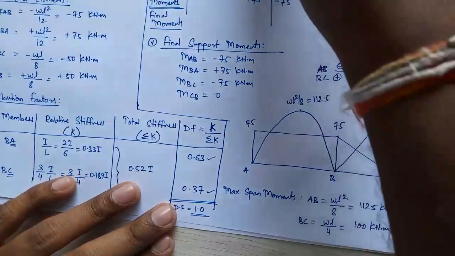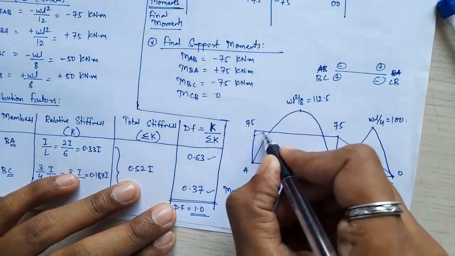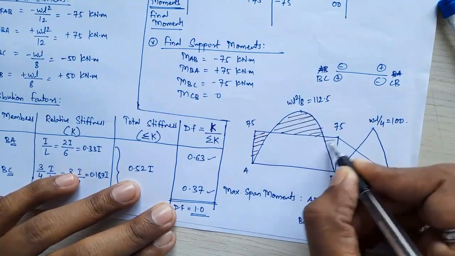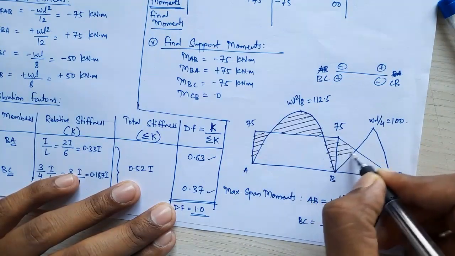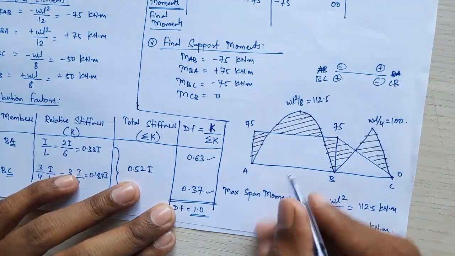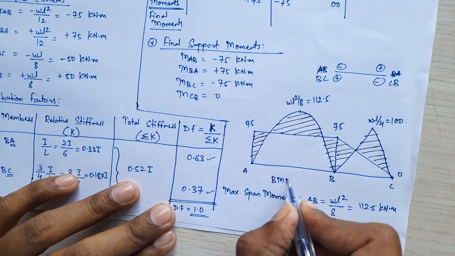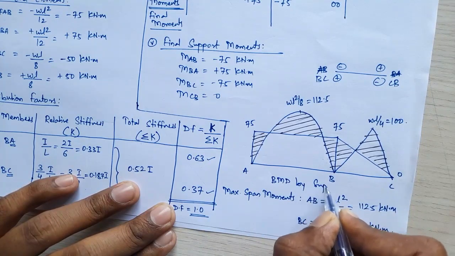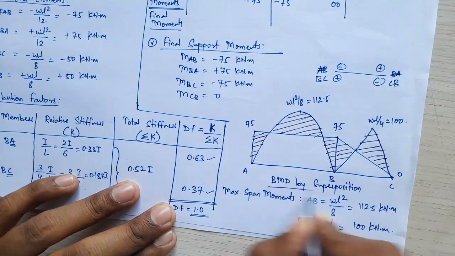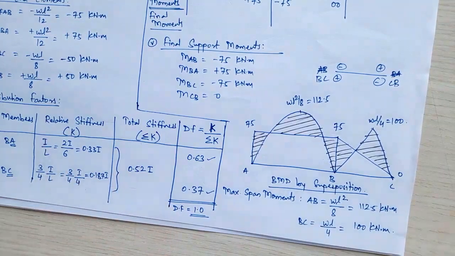Just what you have to do here is shade this superimposed part over here. Okay, so this will be your BMD by superposition.